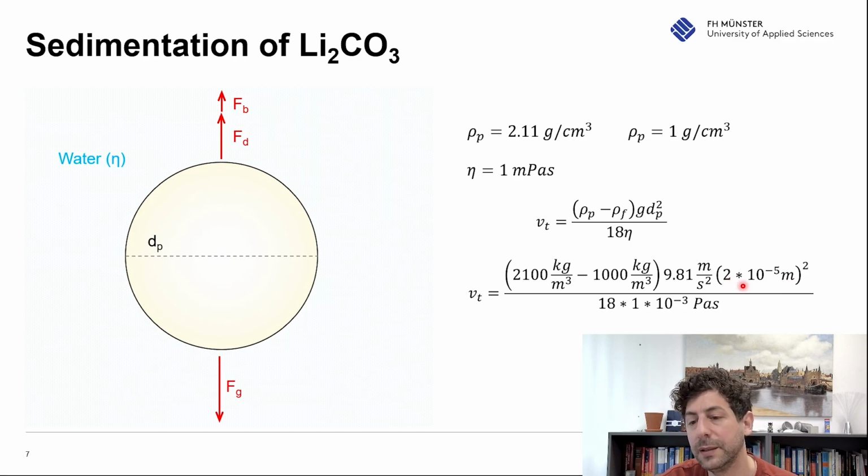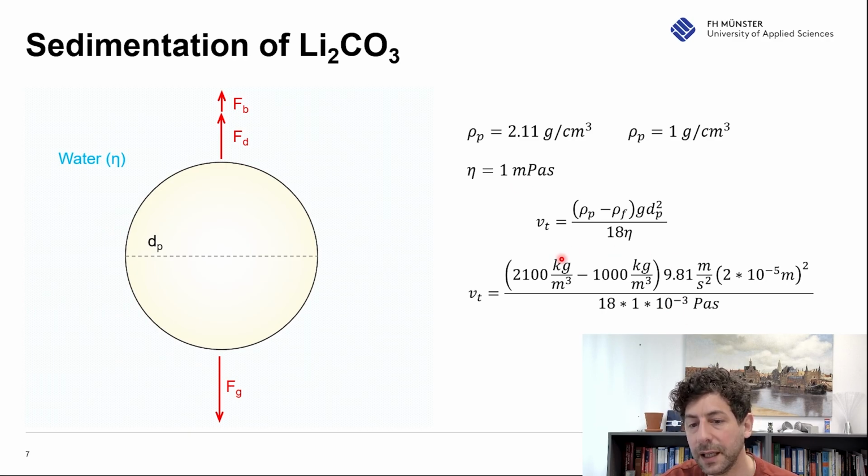So 20 microns is 2 multiplied by 10 to the power minus 5 meters, and this has to be squared, divided by 18, and then it's 1 multiplied by 10 to the power minus 3, because this is not meter, this is millipascal.